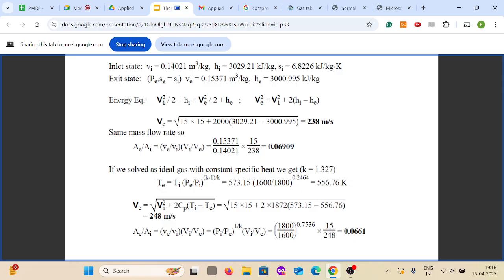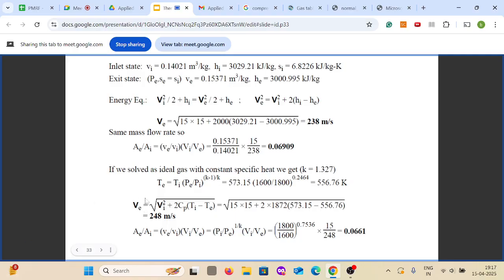So for area ratio to be such that we get Mach number of 1 at the exit. So for gamma is 1.327, T exit by Ti is P by Pi raised to power gamma minus 1 by gamma. So exit temperature is 556.76 Kelvin.